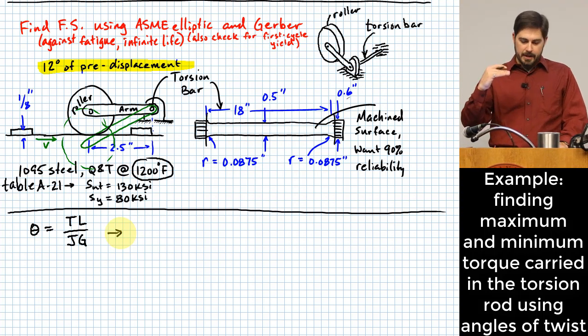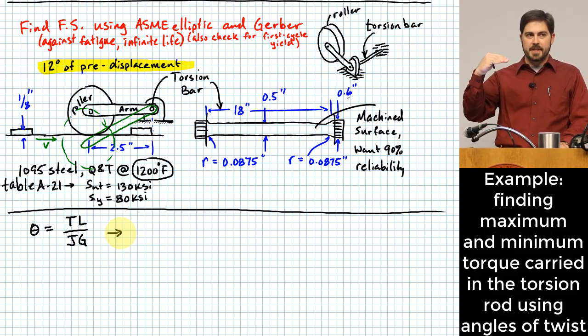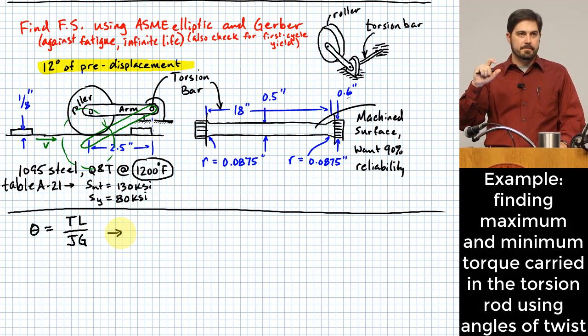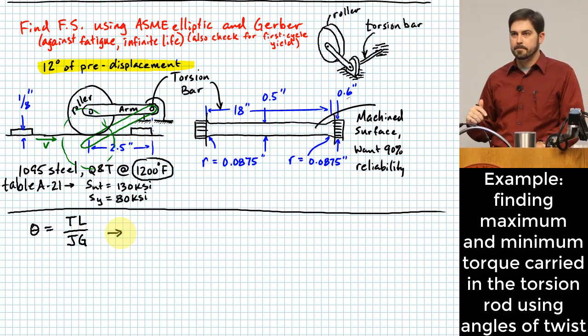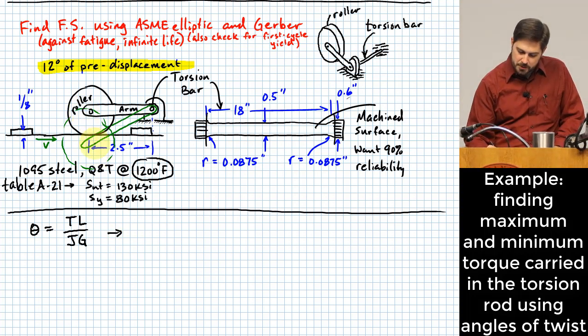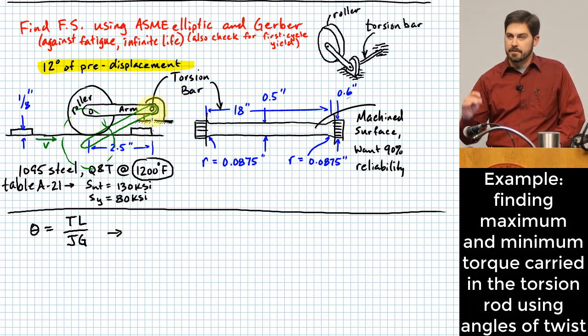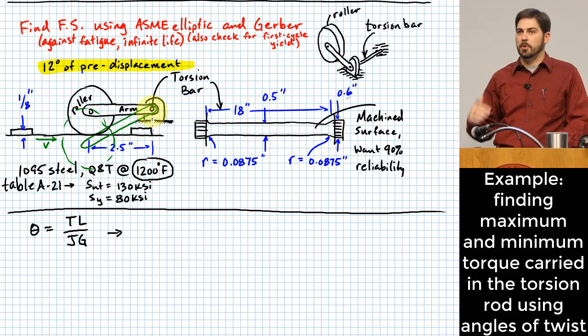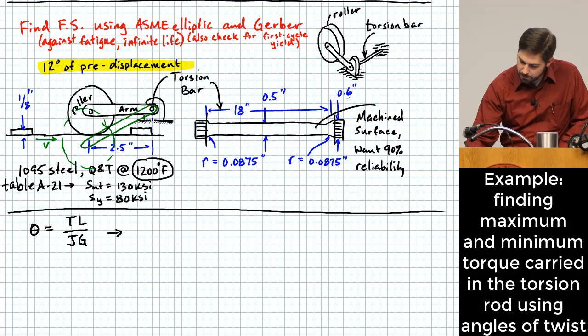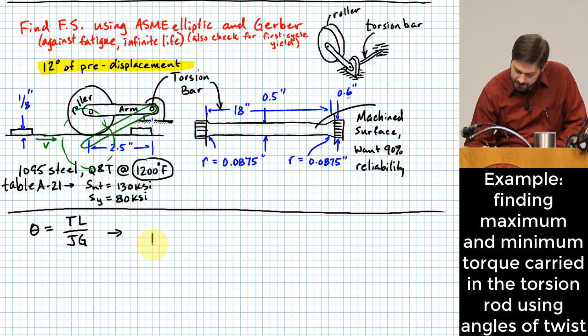So it ranges from being 12 degrees to a little bit more than 12 degrees when it rolls over one of these bumps. Angle of twist. In order for this to move up by 12 degrees, it has to twist that shaft by 12 degrees. So I'll plug this in here as 12 degrees.